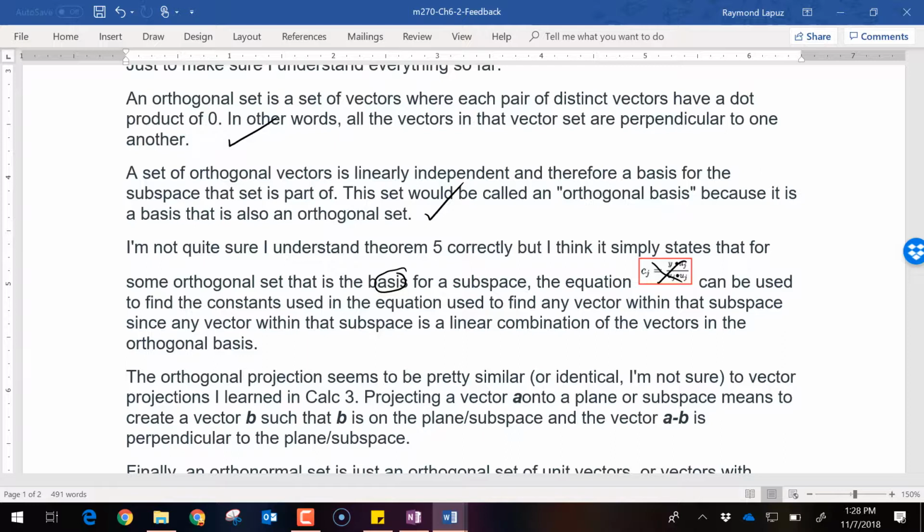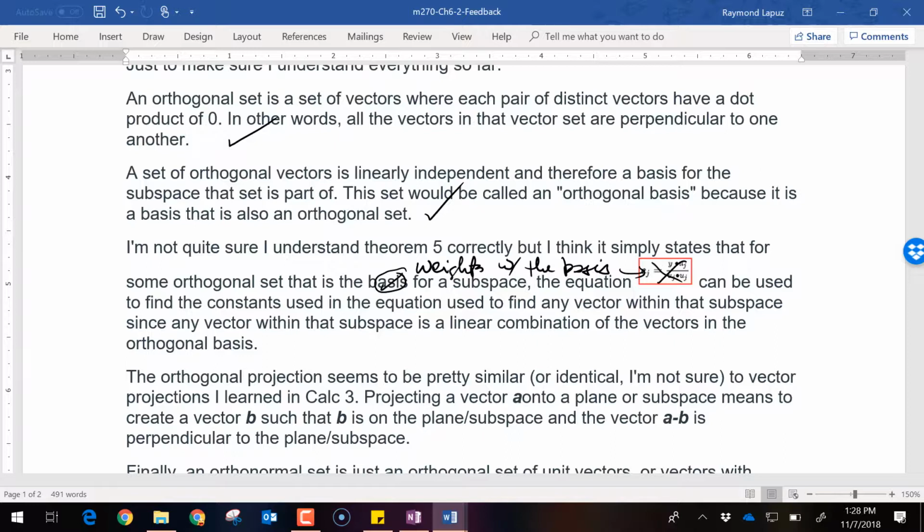I wouldn't say that this is a basis for a subspace, but the basis for a subspace is already given, V1, V2, V3, and all that. Then the C sub j would just be the weights. So these are the weights with the basis. That's what this formula tells us. It gives us the values for the weights.